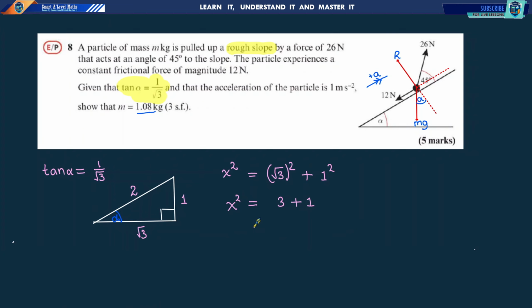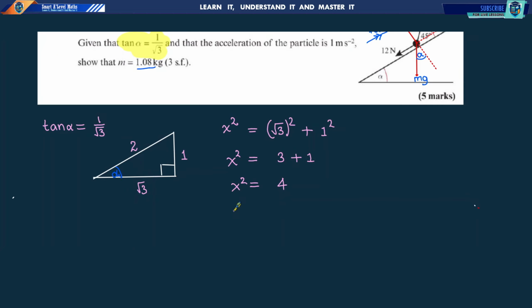So when we sum these together, we have 4, and we take the square root. Since we're dealing with length, we consider only the positive root, and that is 2. So that is how I derived this 2 here before doing any calculation.